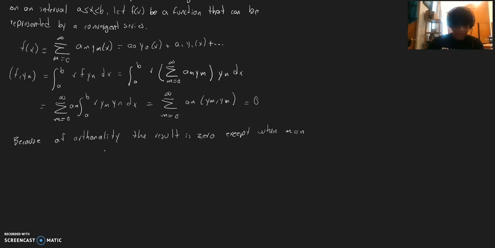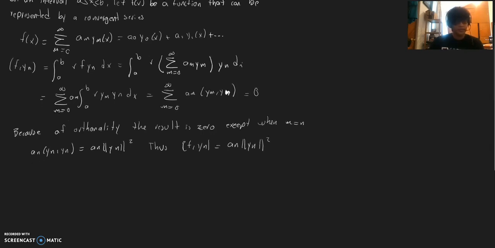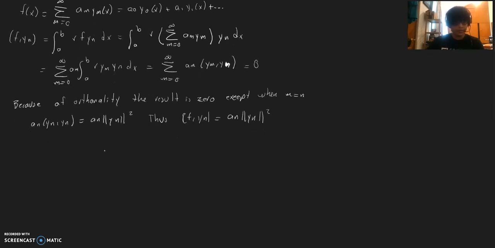In this evaluation, sorry, this is not m, this is n. Therefore, if that happens, then we will have something like this: the norm of yn squared. Therefore, the evaluation of the integral for f and yn is equal to an multiplied by the norm of yn squared. So either we have a result equal to 0, or we have the evaluation of the integral using this equality.